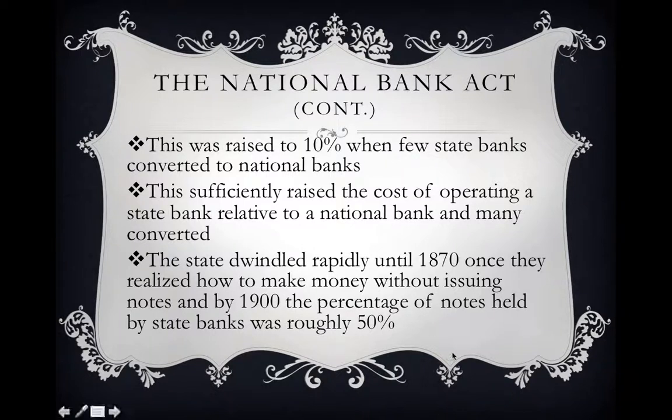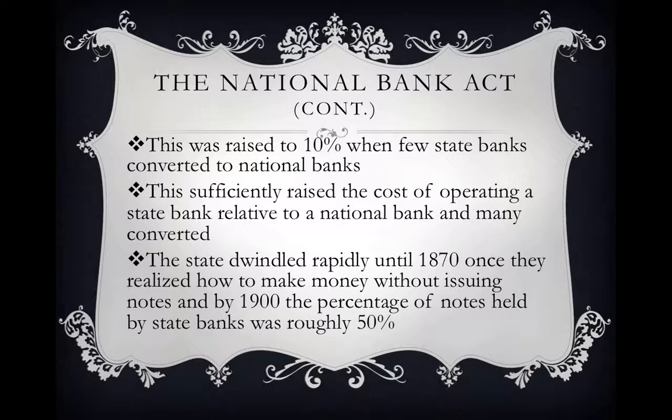And realize that this final taxation of the state bank notes raised the cost of operating state banks relative to national banks, and most of the remaining state banks converted over. So the vehicle used to get state banks to shift over to national banks was this differential tax rate: the notes of state banks were taxed at a much higher rate than those of national banks, and this proved an incentive for banks to shift over.